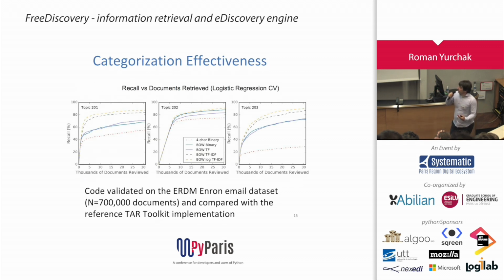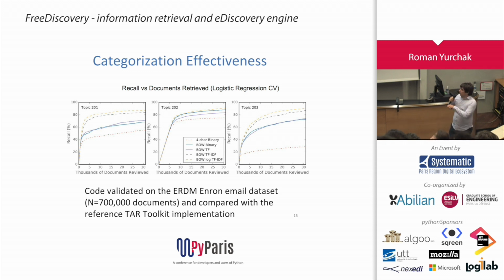And so finally, we get to the categorization. Typically, what we're looking for is the recall curve. Here are plotted recall curves from the ERDM Enron email dataset for different topics and for different feature weights. This dataset was used to validate FreeDiscovery and compare the results with the reference implementation in the field, which is the TAR toolkit, the technology assisted review toolkit developed, I can't remember where exactly in the US, by a university.